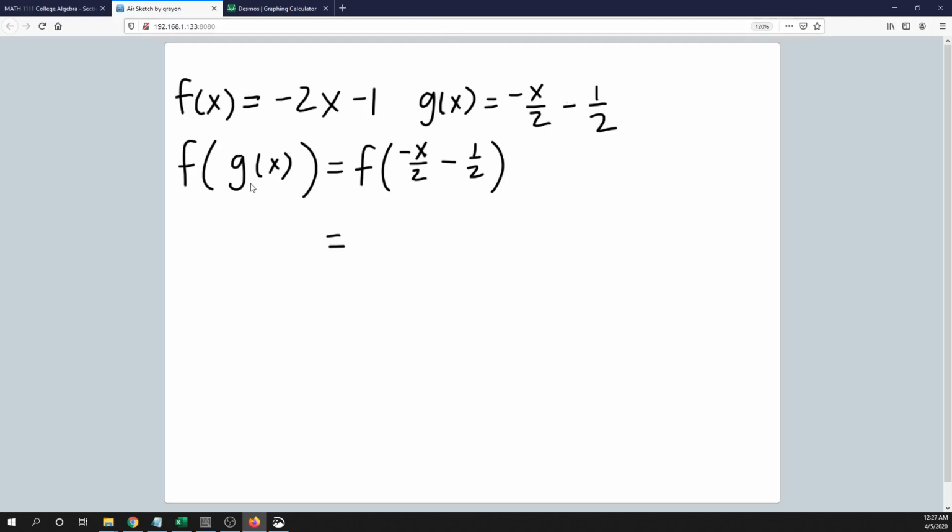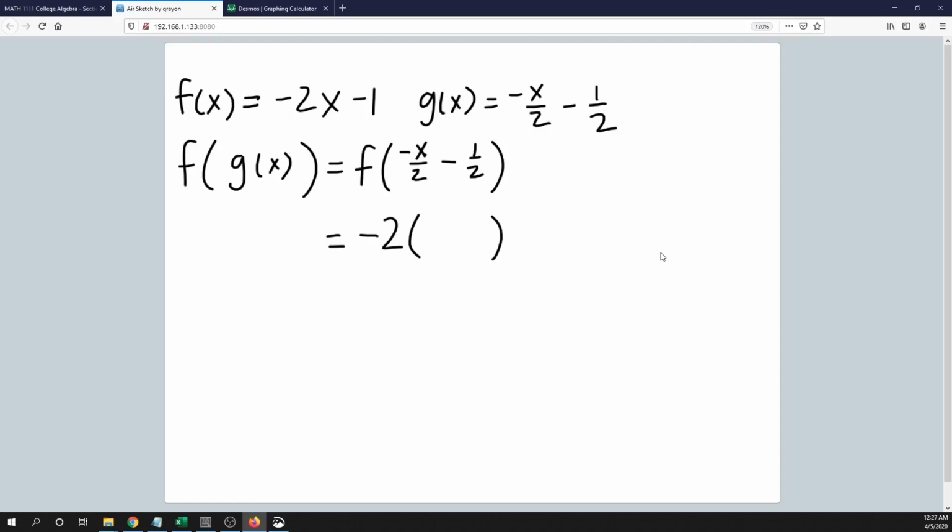So I'm going to replace g of x by what I know it's equal to. And then I am going to go to f, and everywhere I see the variable x in this formula, I am going to replace it with the formula for g of x. So f of x was minus 2x minus 1.